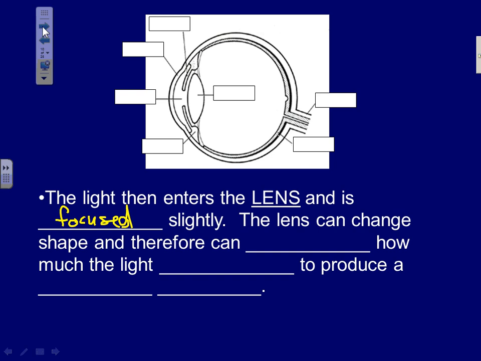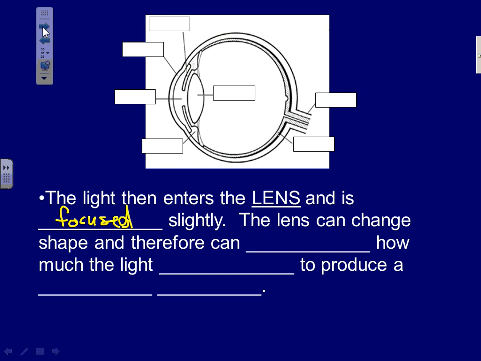That's a good answer. You put that on a fill in the blank on a test, refracted, I give you that mark. It's focused slightly. So the cornea does most of the focusing, bends the light the most. The lens is like a fine tuner. It focuses it just enough so that you get a nice, perfect, sharp image on your retina.